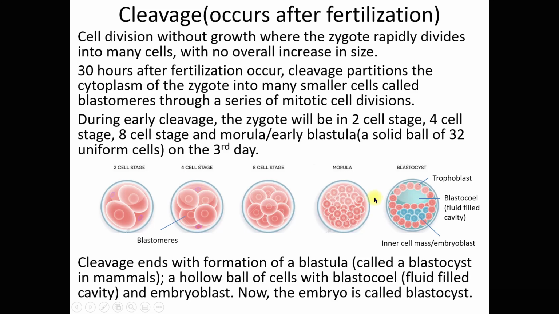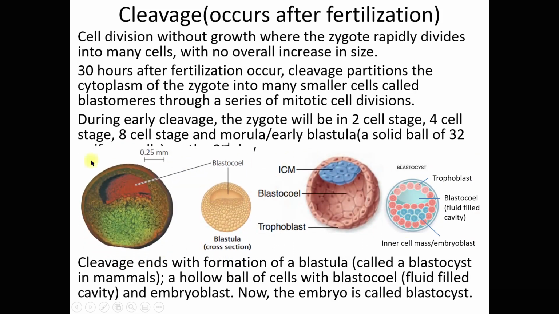Initially we have the zygote after fertilization, and then the zygote enters the 2-cell stage. During this period of time, that zygote is also known as an embryo. So now the outcome of the cleavage is a blastocyst, where the embryo or the zygote develops into a blastocyst.